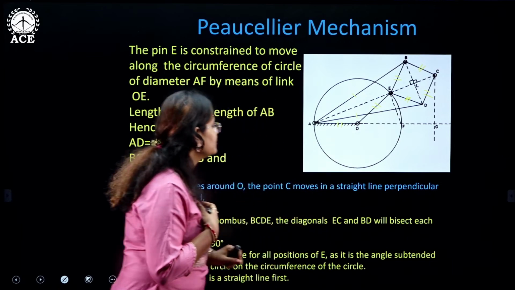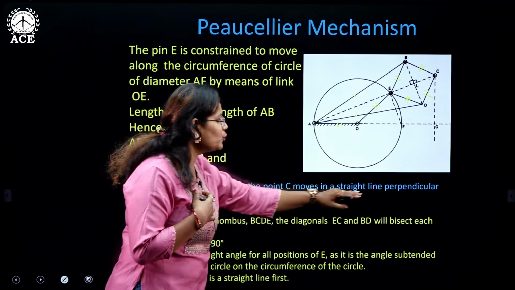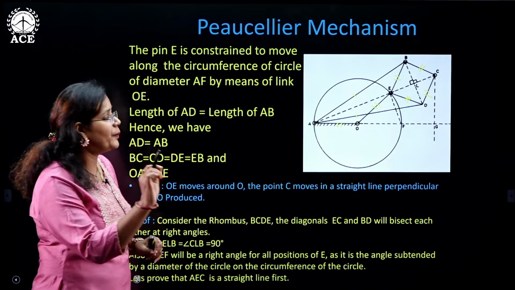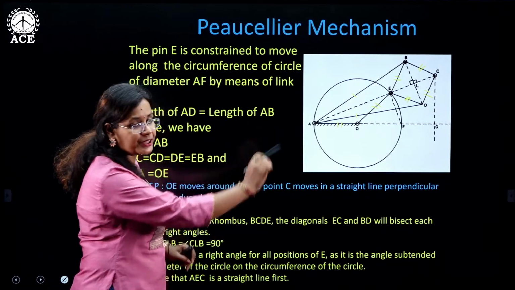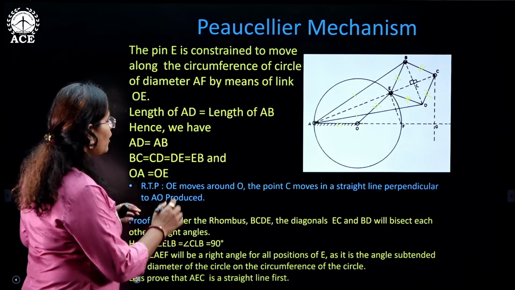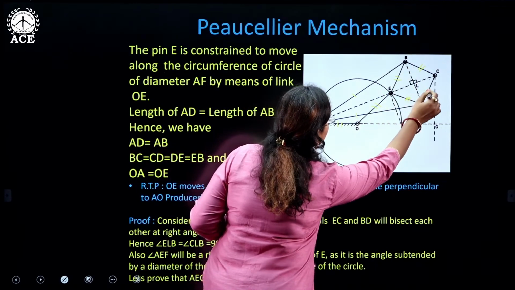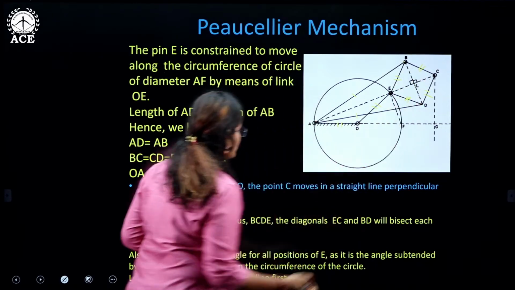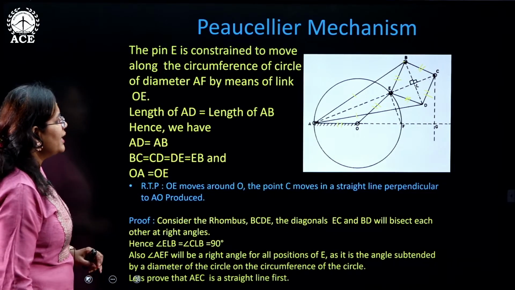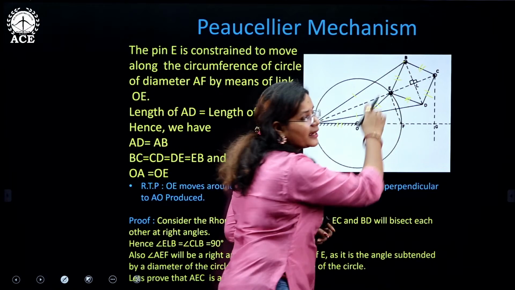Let us prove that. What we are required to prove is that point C is moving in a straight line which is perpendicular to OA when it is produced further. So let us say I'm talking about the rhombus BCDE. When I talk about that particular rhombus, EC and BD are the diagonals.